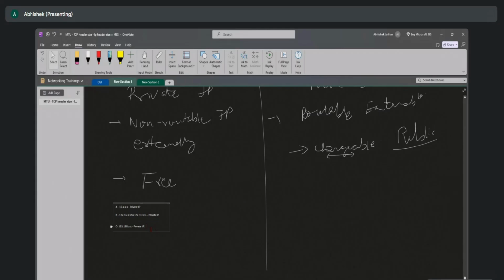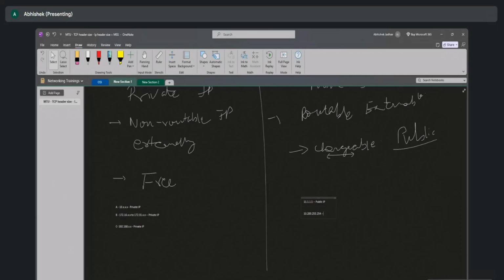Is that clear? Now, any IP apart from this, apart from 10, let's say there is IP 11.1.1.1. Is this private or public? Sorry, public. Yeah, it should be public IP. What about 10.200.253.254?